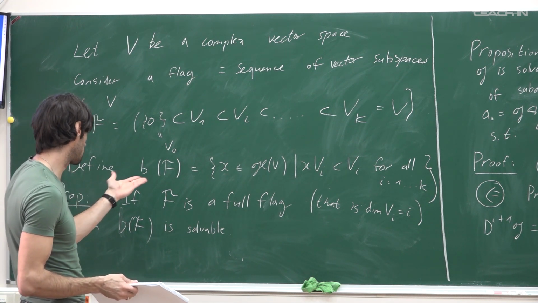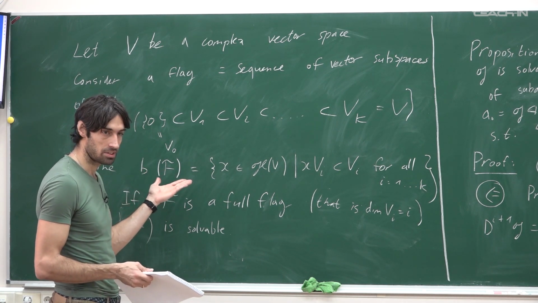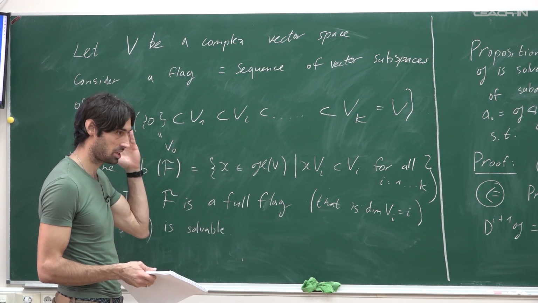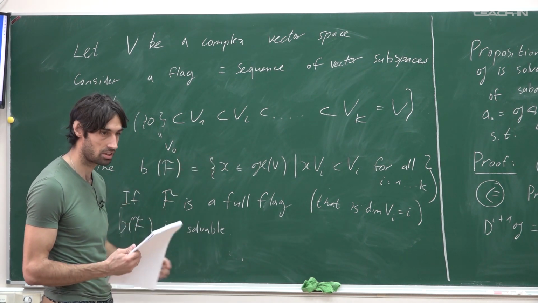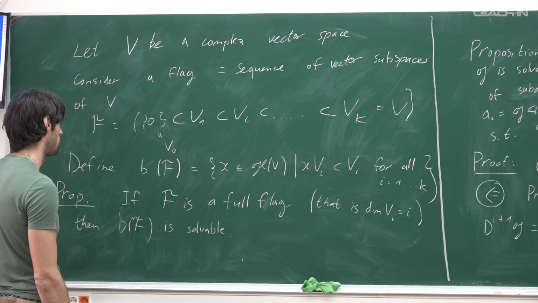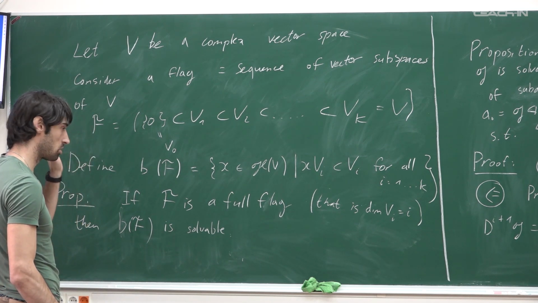So these are just upper triangular matrices in some basis, and this basis I fixed by saying that I fixed a flag, right? If my flag is not full, it's block upper triangular.